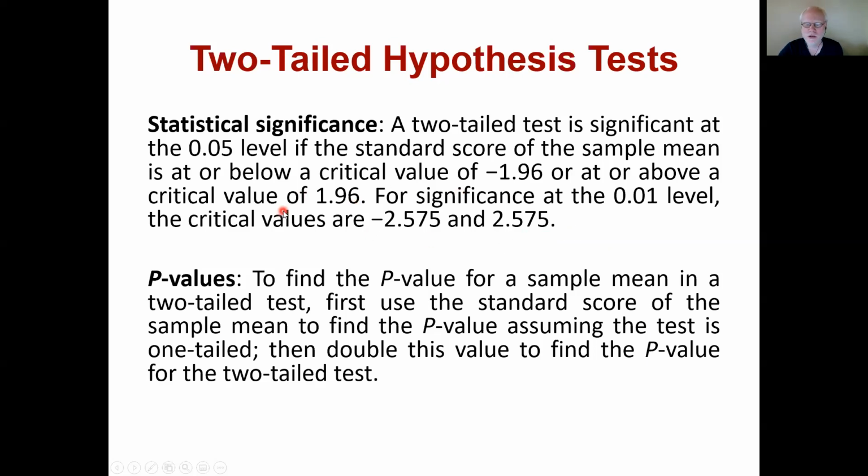Finding p-values is a little tougher for two-tailed tests because you've got one side and the other side, and the table's only showing you less than. So to find the p-value for a sample mean in a two-tailed test, first use the standard score of the sample mean to find the p-value, assuming the test is one-tailed, then double this value to find the p-value for the two-tailed test, right? Because remember, once you've found it for less than, we also need it for greater than, so you need to double it.